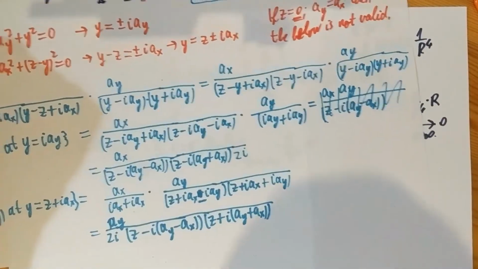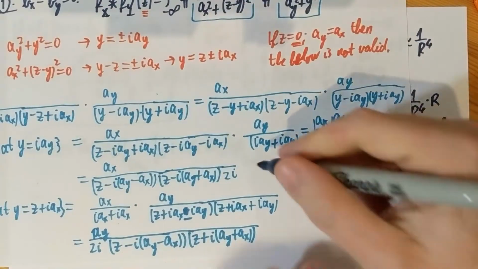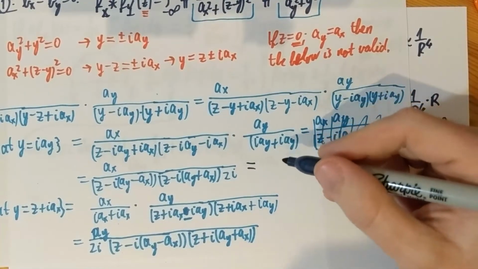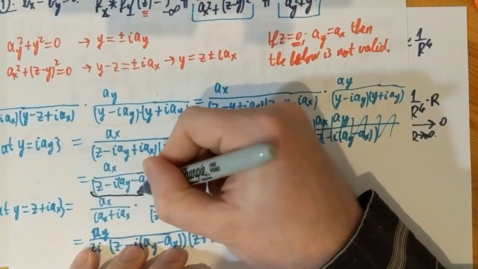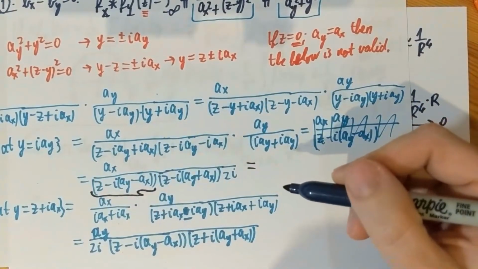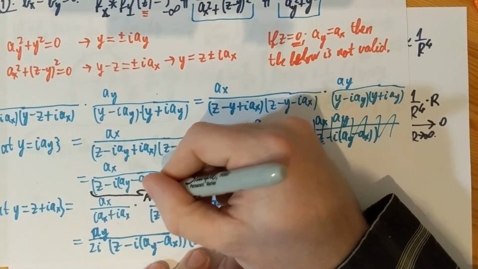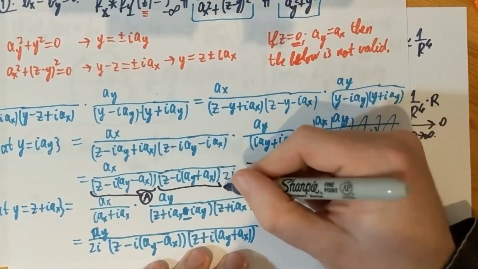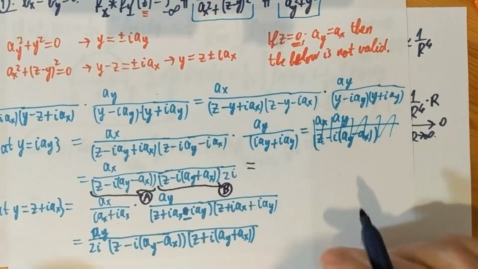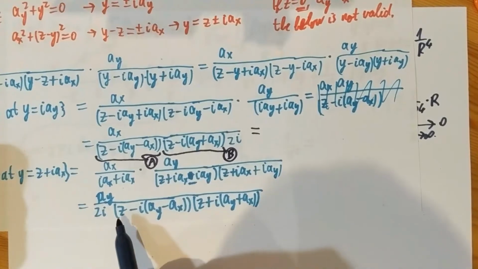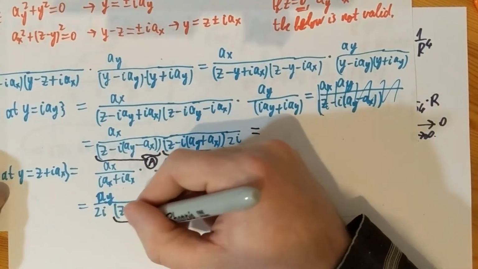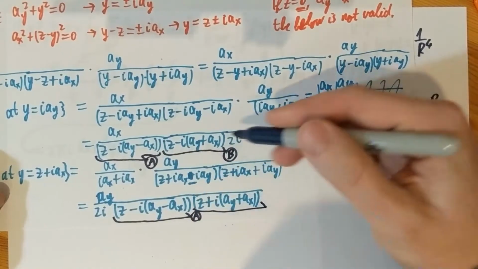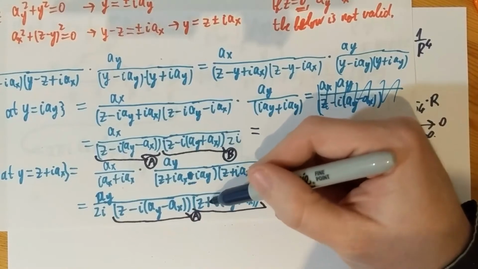Before I actually write them in, I am going to slightly rewrite them. I'm going to call this bit here A, I'm going to call this bit there B, and then I'm going to notice that this one here is again A, and this one here is almost B except for the sign change in front of i.